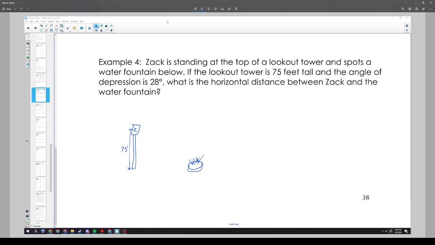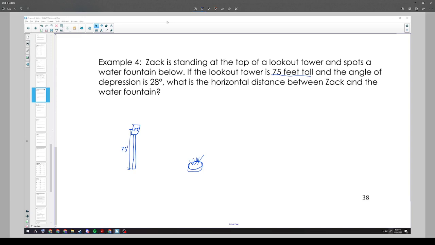So 75 feet must be to whatever window he's looking out of from the tower. So we don't have to do anything to adjust for his height. It could very easily have said the tower is 75 feet tall and Zach's eye line is 5 feet above the ground. Then we would need to add another 5 feet to form our triangle.